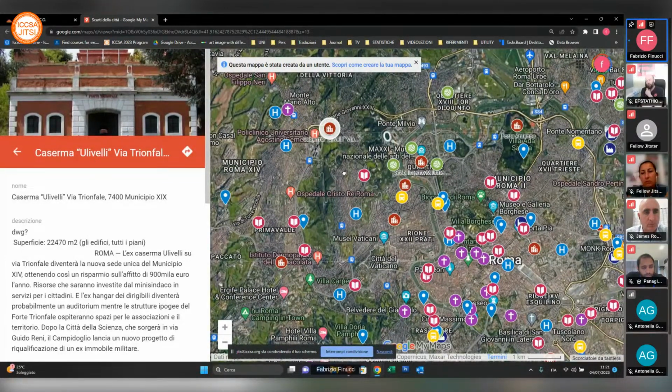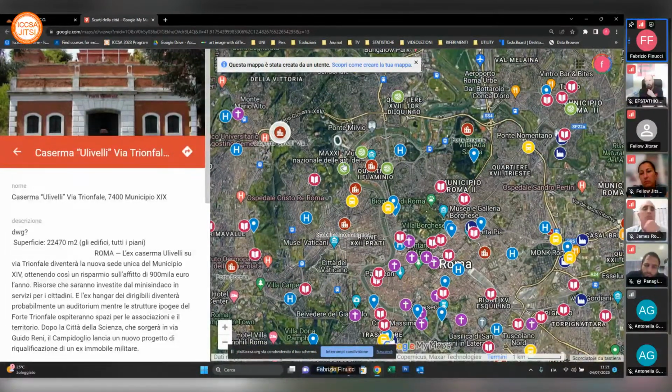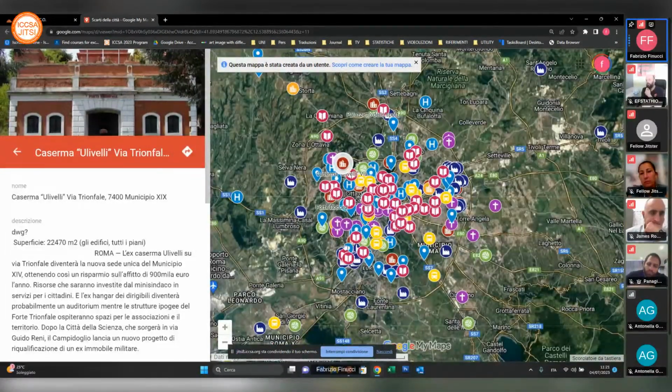As you can see, this map helps us understand there is a giant amount of private and public unused buildings in Rome, in a way that not even the public administration knows, because this way of building a map is able to reach capillary information inside a single district, inside a single part of the city. So this tool was considered very useful.